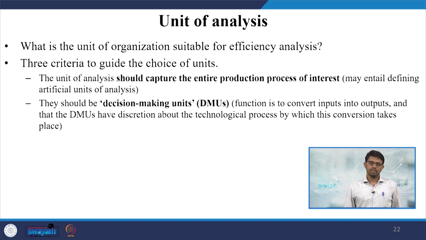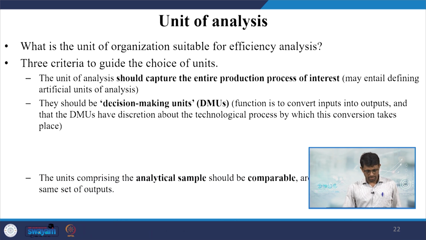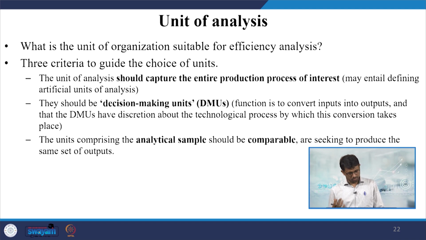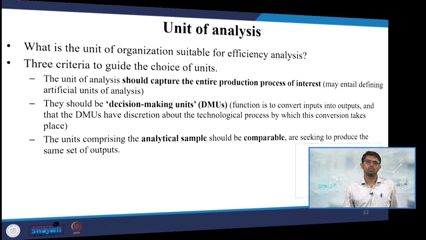There should be DMUs, decision making units, whose function is to convert inputs to outputs, and the DMUs have discretion about the technological process by which this conversion takes place. The units comprising the analytical sample should be comparable and seeking to produce the same set of outputs.